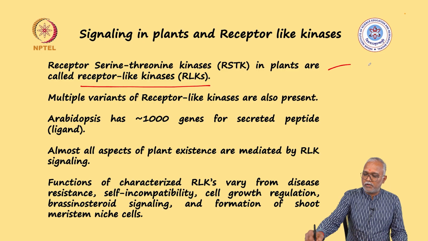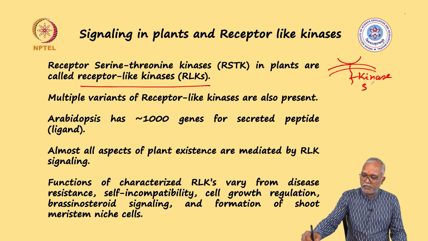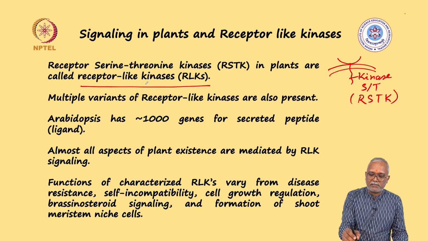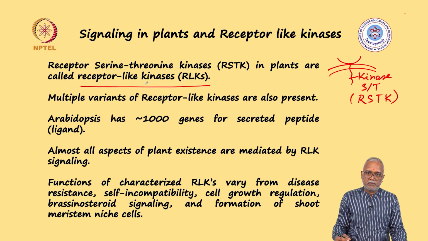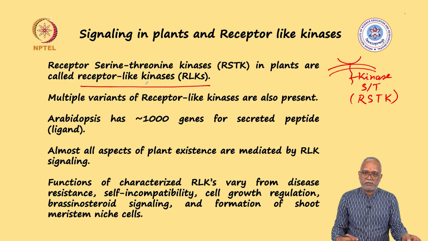The membrane-bound receptor which has the kinase activity towards serine and threonine is generally called RSTK, which is receptor serine-threonine kinase. In plant world, they are also known as receptor-like kinases, meaning kinase which was discovered to have a receptor property and also the kinase activity towards the serine and threonine residues.